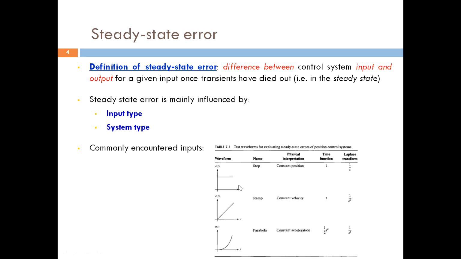So they are listed here in terms of the mathematical expression in the time domain, as well as the Laplace domain. Okay, so keep in mind in our steady state error analysis, these two factors are going to play an important role: the input type and the system type.